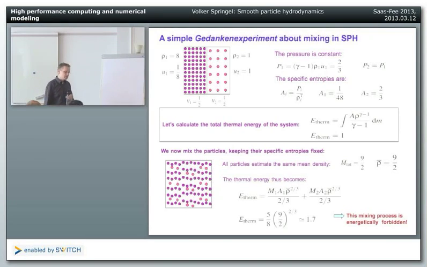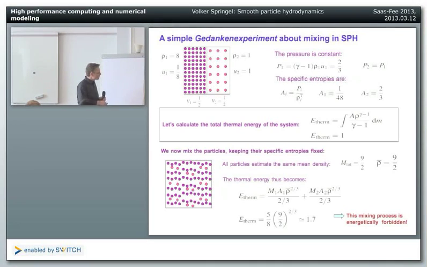Well, that means that this process will not happen by itself. It's energetically forbidden. The two fluids can't mix. They don't want to mix because it's energetically forbidden. They could, however, if they decided to average their entropies, to exchange entropies, for example by thermal conduction, since they have different temperatures.